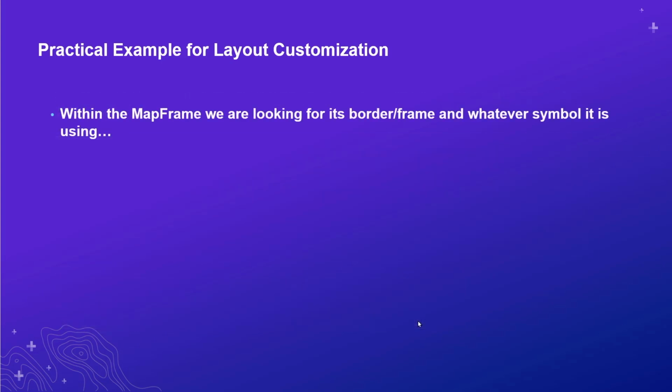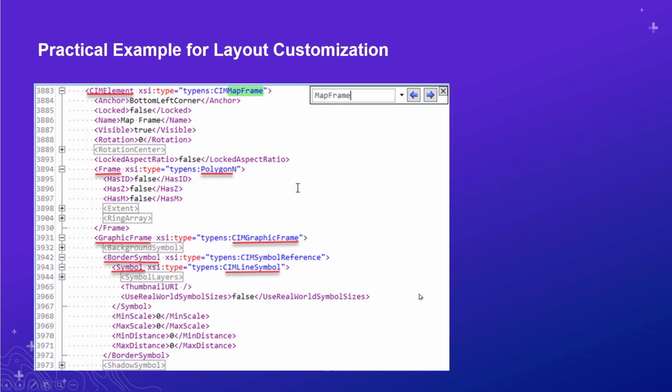So within the map frame now, we are looking for the border of that frame and whatever symbol it's using for its border. So take a closer look. We now look at the CIM element with the type of CIM map frame. So here it is, where we see, oh, there is a frame property and it's a type polygon. So we can try that and see if that's it. So that would be very nice.